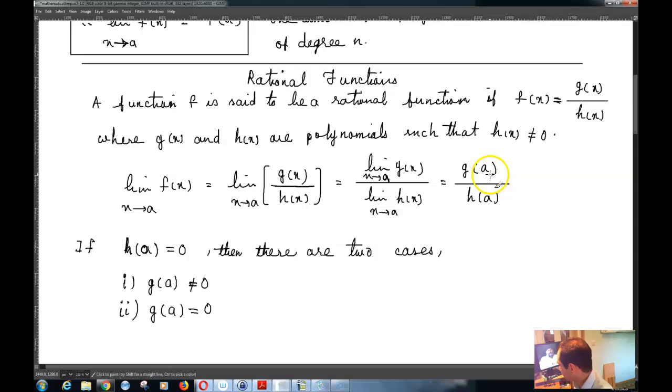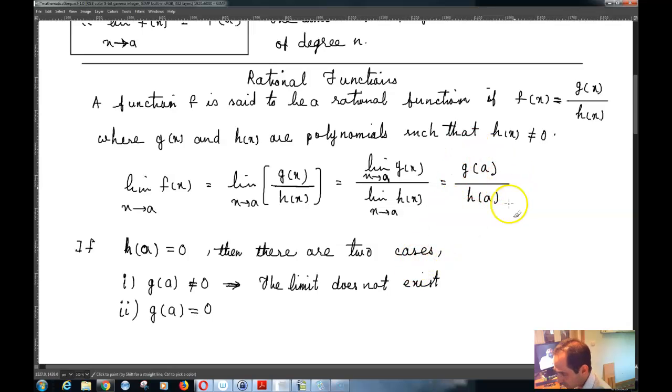So in the former case, if g of a is not equal to 0, we say that the limit does not exist, because you're dividing some non-zero number by zero.